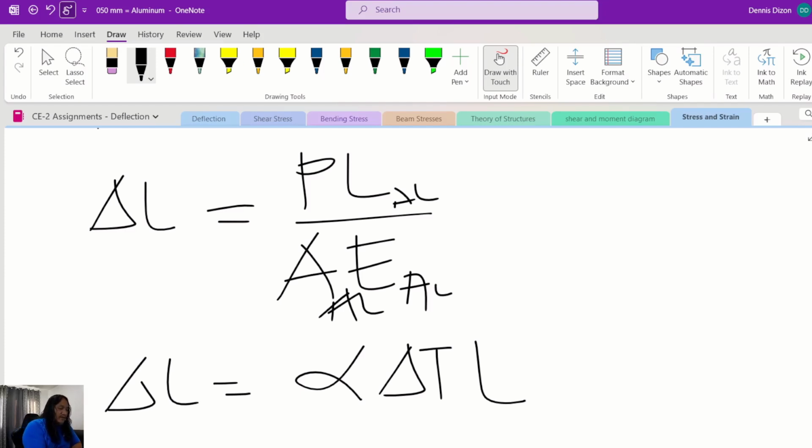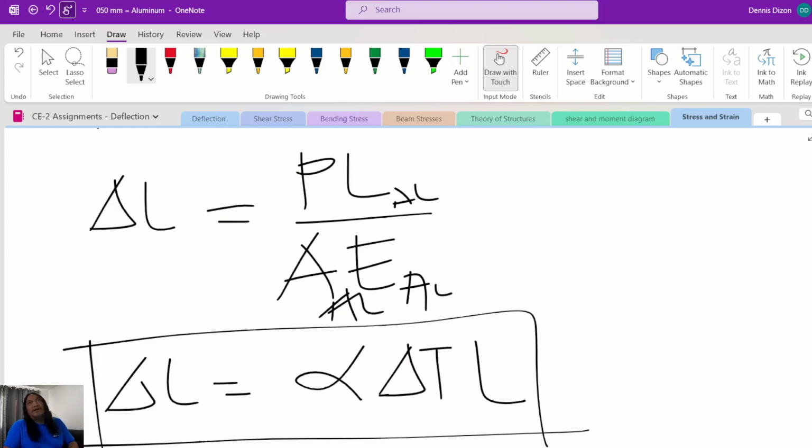If it is from a positive temperature to a negative temperature, it means the change in temperature is a negative value. It means it will be really cold, then the material will contract. But if it is really hot, then it will expand.